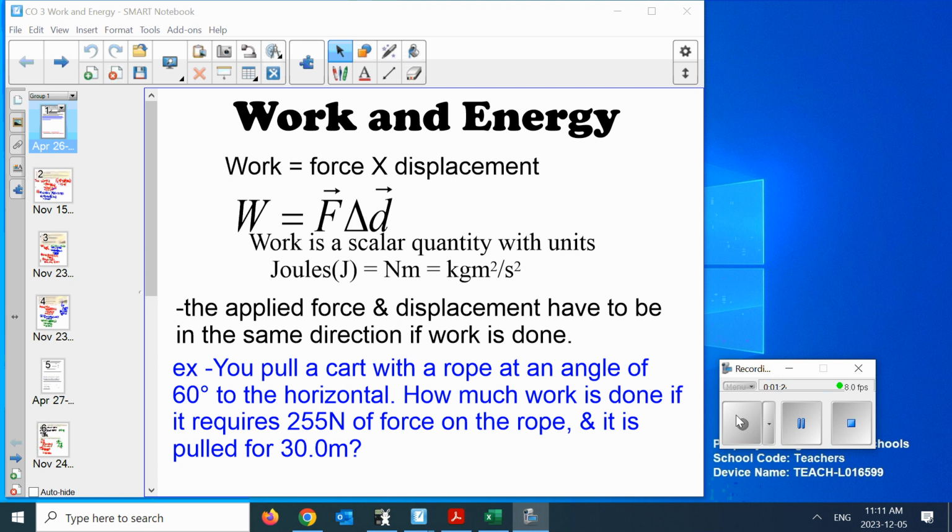But work and energy. Now, work is a type of energy that we're going to calculate. Work is force times displacement. And it's important that I say displacement, not necessarily distance.